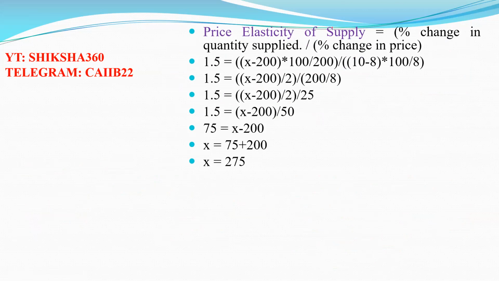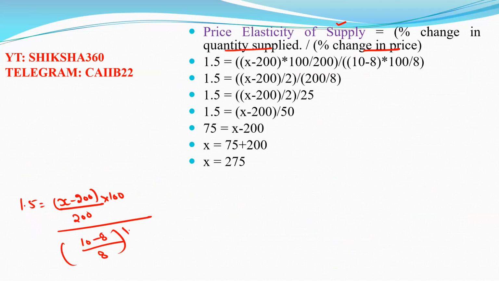Price elasticity of supply is equal to percentage change in quantity supplied by percentage change in price. So 1.5 is equal to (X minus 200) upon 200 into 100, divided by (10 minus 8) upon 8 into 100.